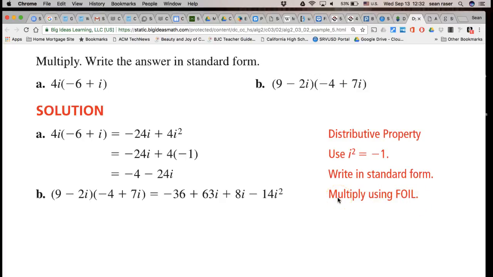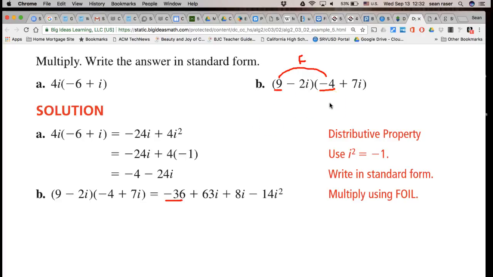And this is the order in which you multiply your terms out. So first means that we take 9, which is our first term in our first binomial, and multiply it by -4, the first term in our second binomial. That's our F for FOIL. That's first. When we do that, we get -36.